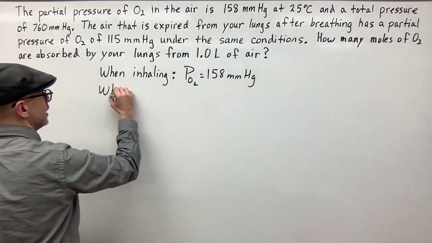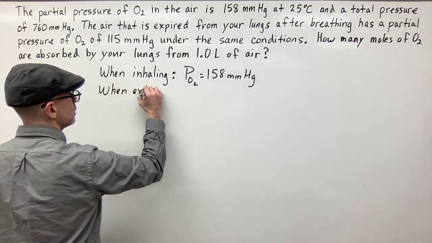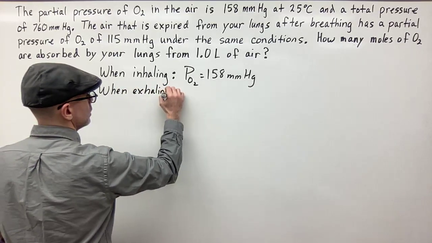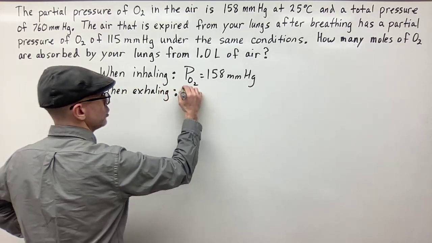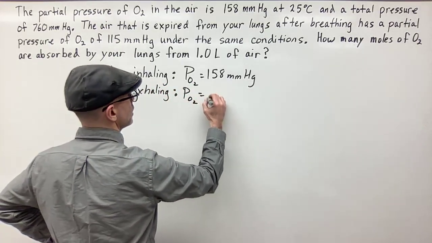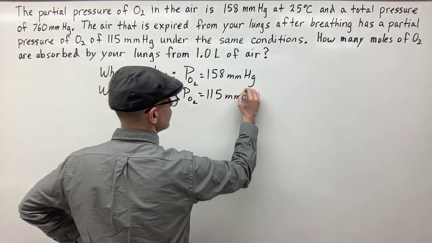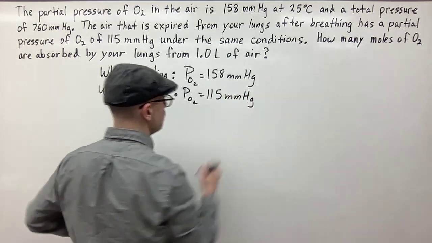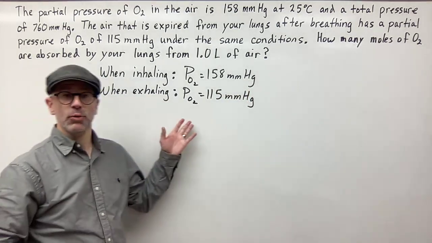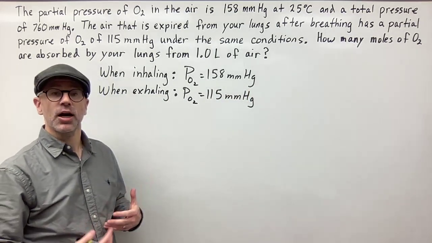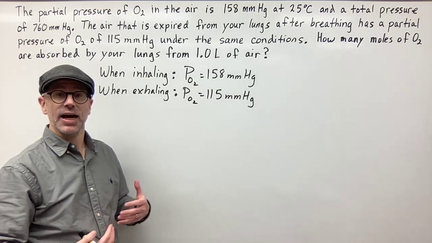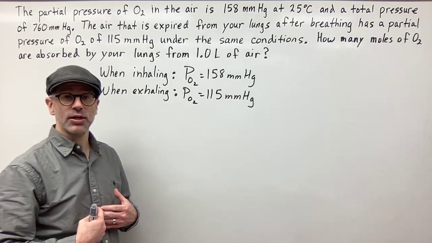When exhaling, the partial pressure of oxygen is 115 millimeters of mercury.